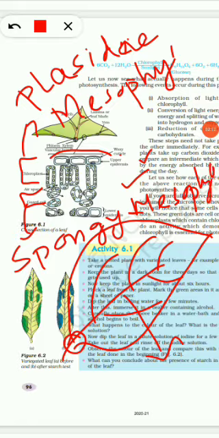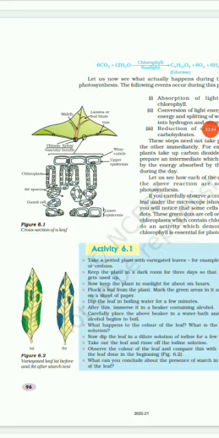In the palisade mesophyll you have the chloroplast, a small green body which contains the green pigments and is the site of photosynthesis. And here you have the air space, and here you have the guard cells. These are the guard cells from where the entry and exit of oxygen and carbon dioxide by diffusion takes place. So this is the diagram of a cross section of a leaf.